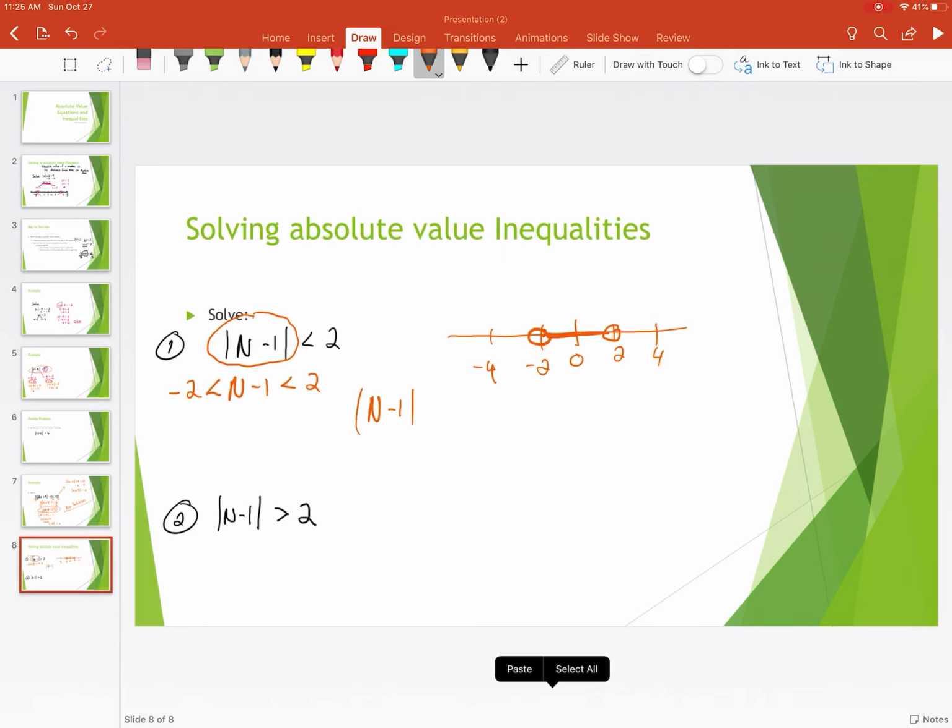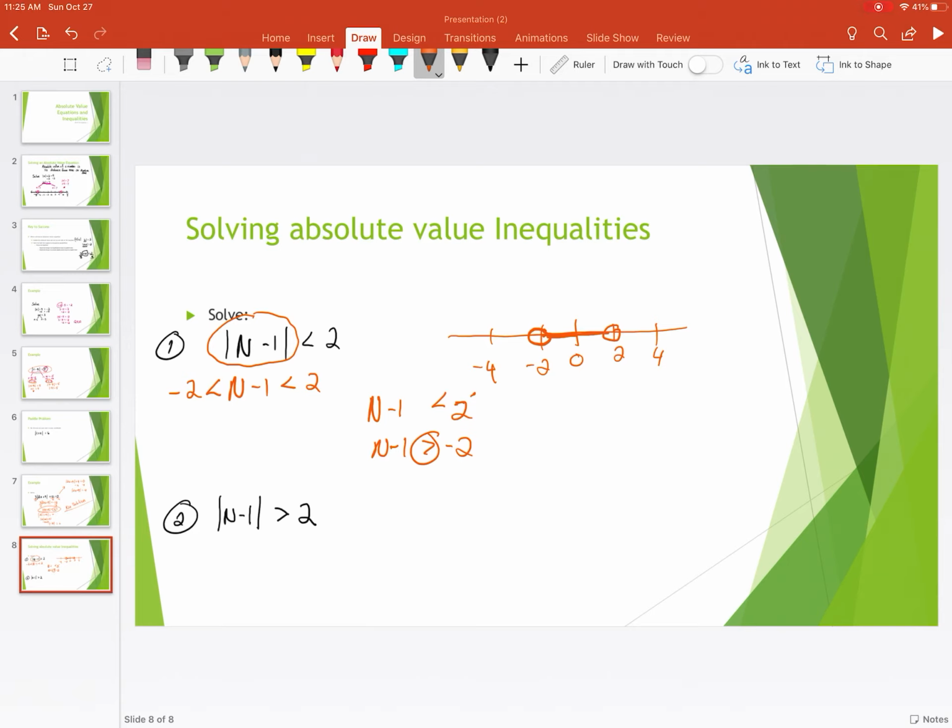Because if this absolute value evaluates at 2, it's just like setting our equations equal to both the positive and the negative.